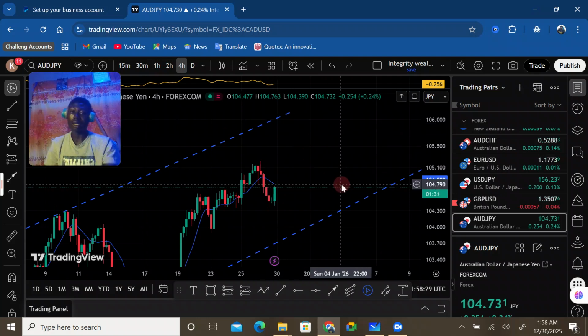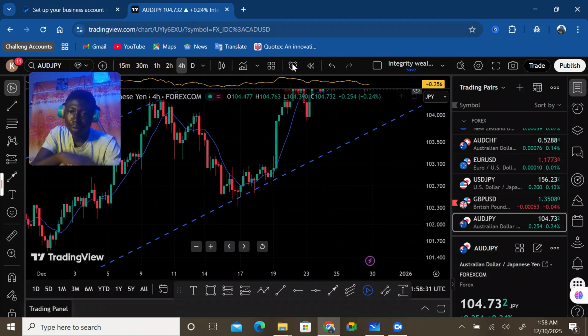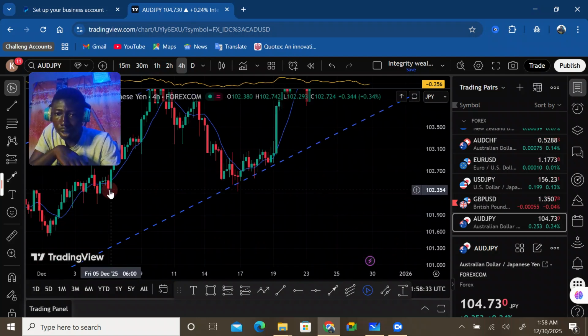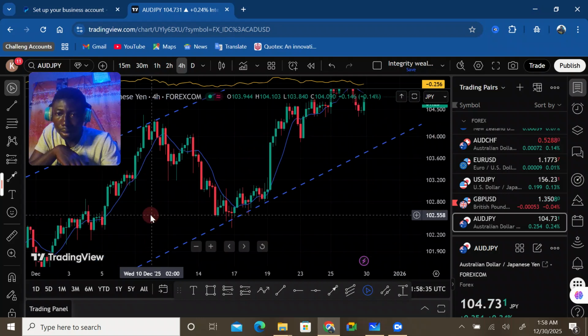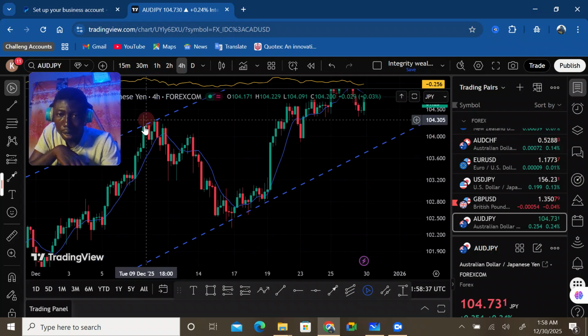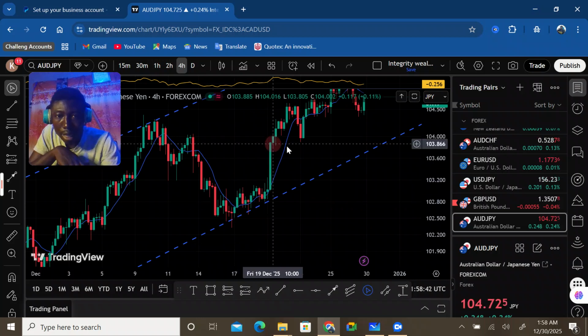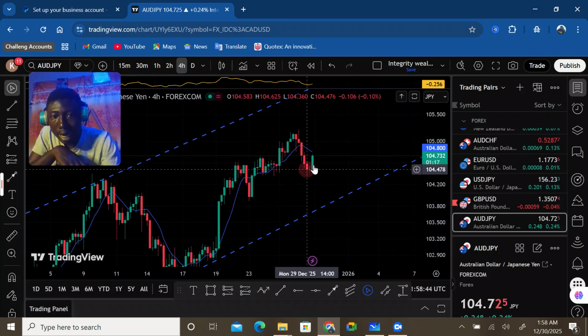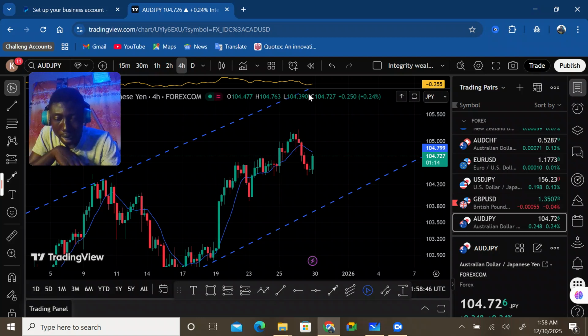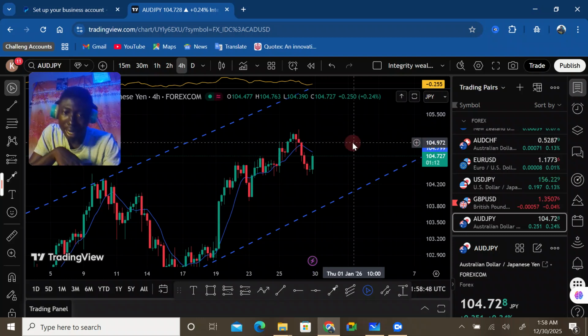Let me show you, it rose from here, increased to this side, and then hit it, and then came back. So definitely this one too will rise to this one again, hit it and then come back again. That is how a trend line is being traded.